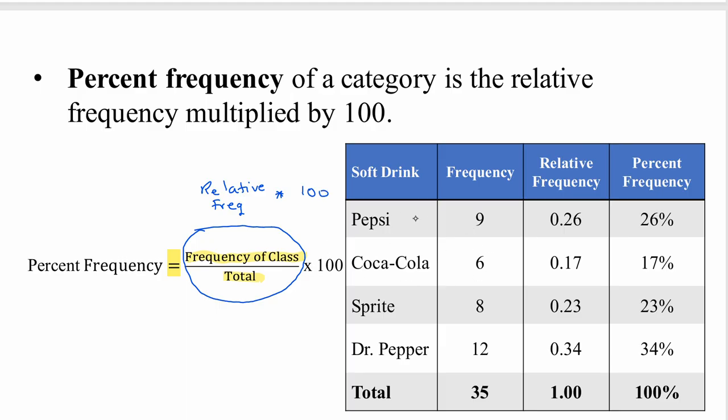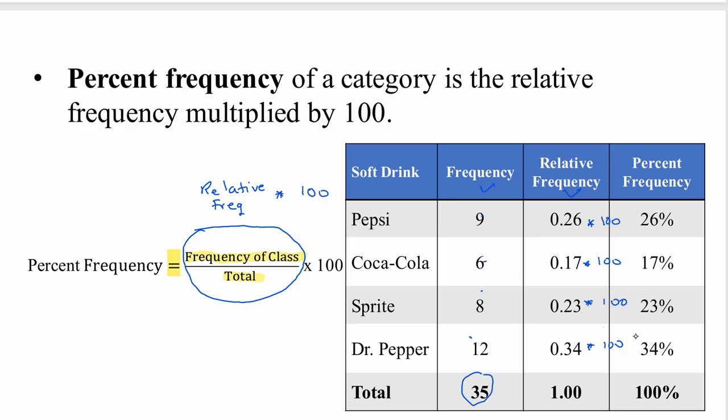So in the case of the favorite soft drink example, as we've seen here, we have the frequencies. Here we find the relative frequencies by dividing each of these frequencies by the total of 35. And our percent frequency is just multiplying our relative frequency values by 100.